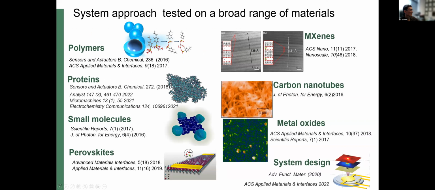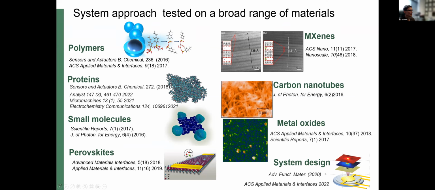The multifunctional response setup that we designed and implemented has been applied to different materials, and you can see some of the samples: proteins, polymers and small molecules, perovskites, nanotubes, MXenes, metal oxides. Everything seems to be working really well, and the wealth of information coming to you is really encouraging.